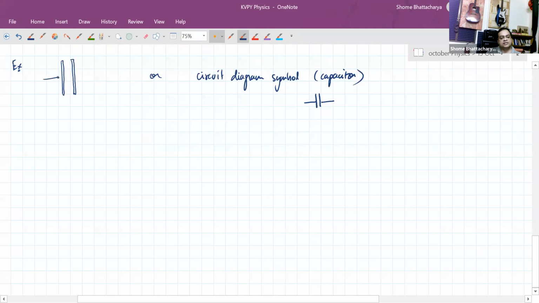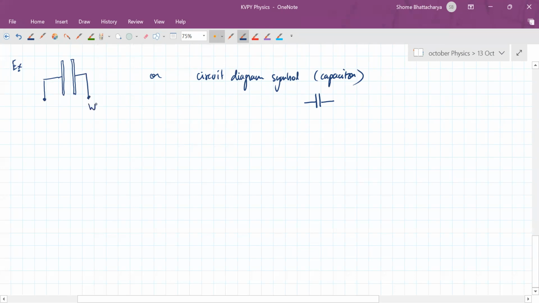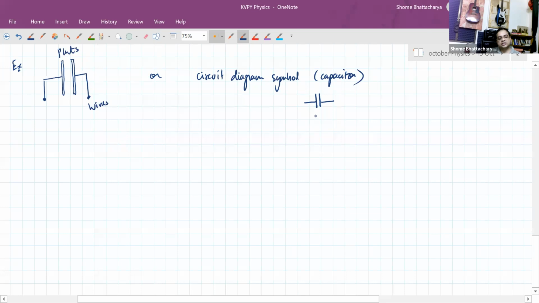These are two wires attached to each of the plates. These are the plates. So this is the circuit symbol for a capacitor. Just like you know that this is the circuit symbol for a cell, for a resistor, and this is the circuit symbol for a battery or a voltage source, which has something called EMF.